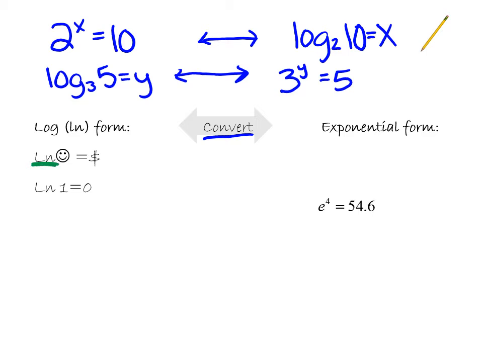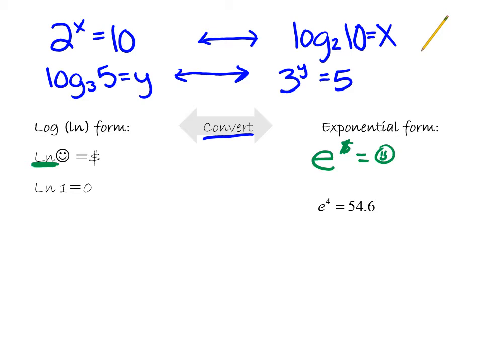So in this case, the base becomes e. So we're going to say ln becomes e. The answer still becomes your exponent. That step is the same. And what's remaining becomes your answer.